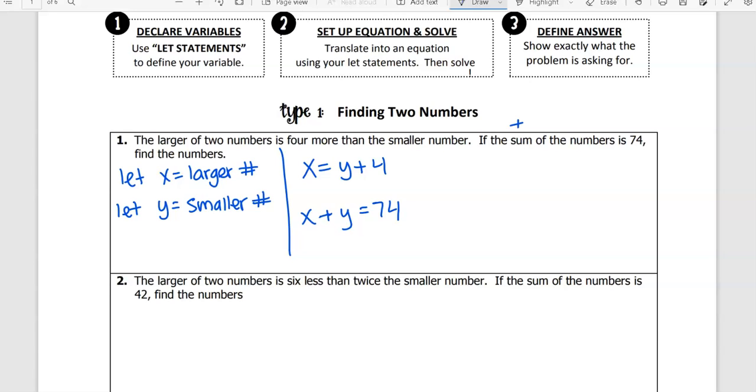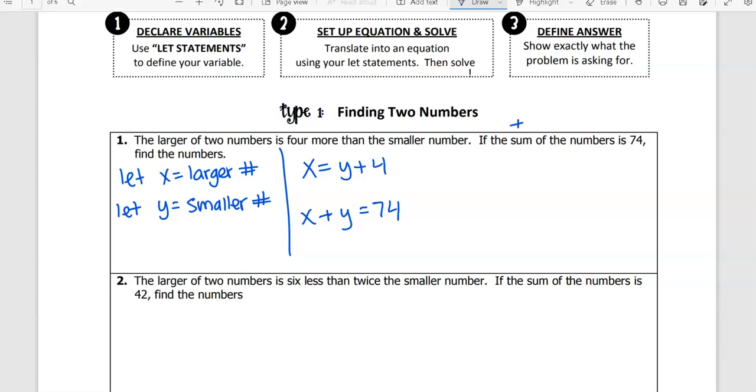What about 72 and 68? But the y has to be smaller. So we have lots of options. How do we figure out exactly what it's going to be?